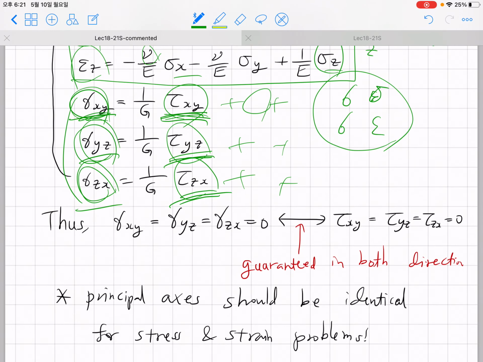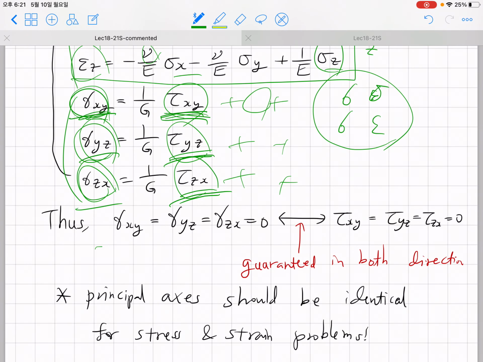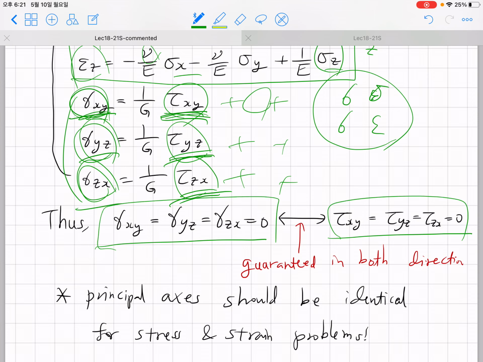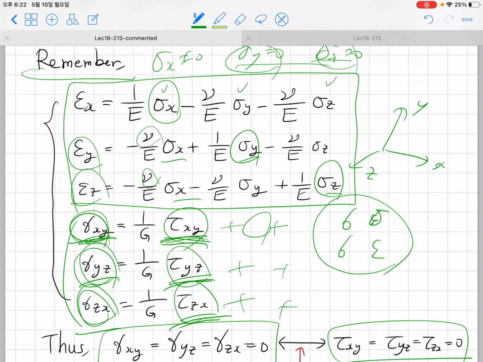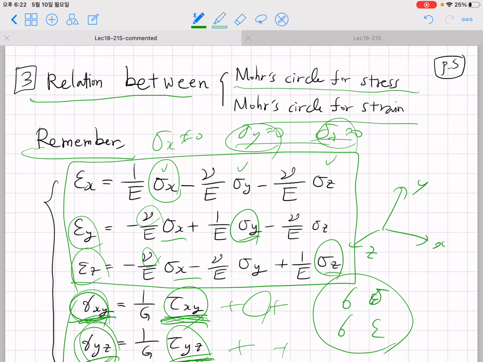So the implication here is that this is equivalent to that. 0 shear strain is equivalent to 0 shear stress, and it means that the principal axes should be identical for stress analysis and strain analysis. If you obtain the principal axes from a strain analysis problem, then they should be principal axes for the stress problem too. This is something you have to memorize when you have to connect the two analyses.